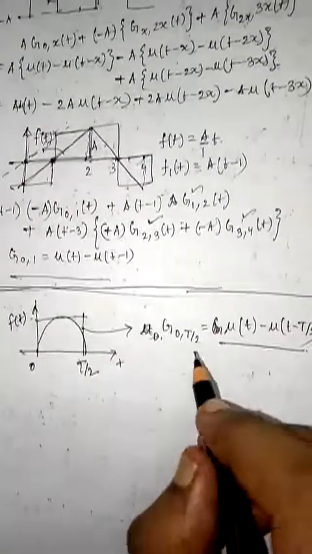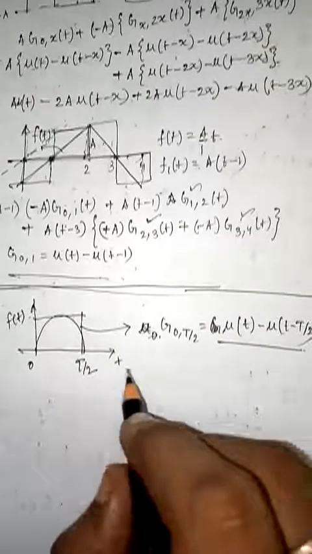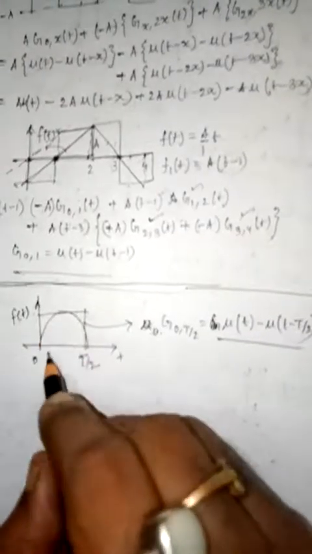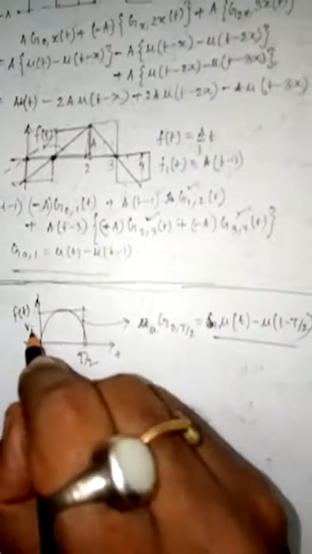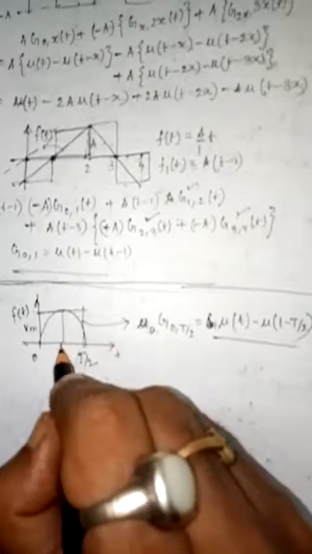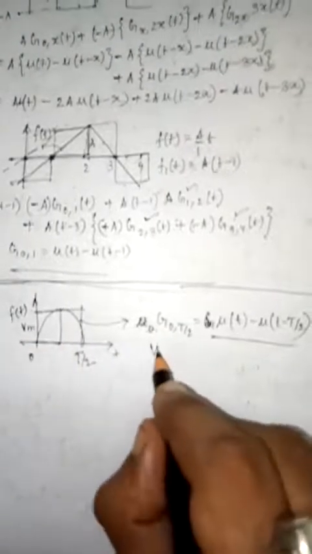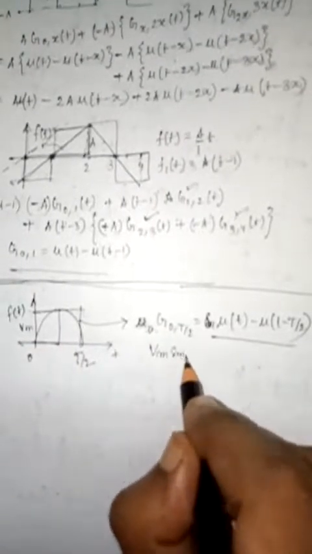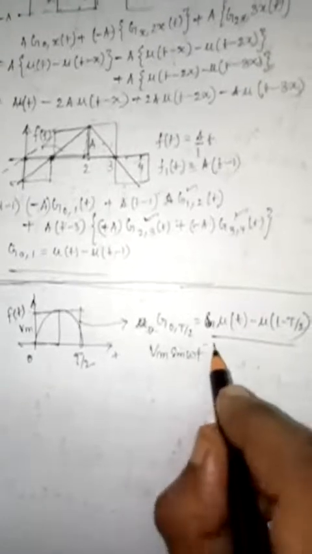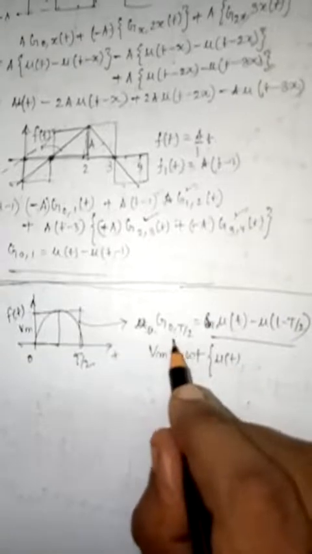Now, what is the function? If the peak is Vm, it is Vm sine of omega t, with the gate function g(0, T by 2).